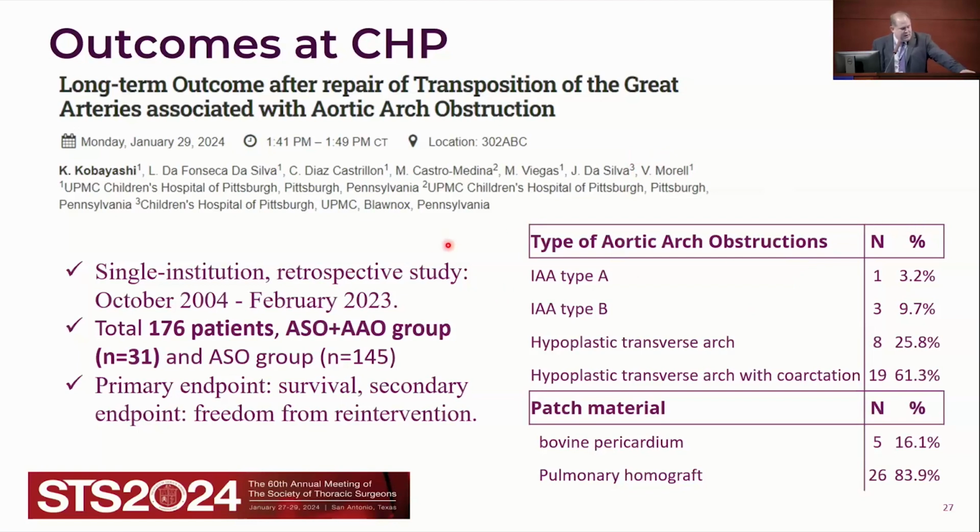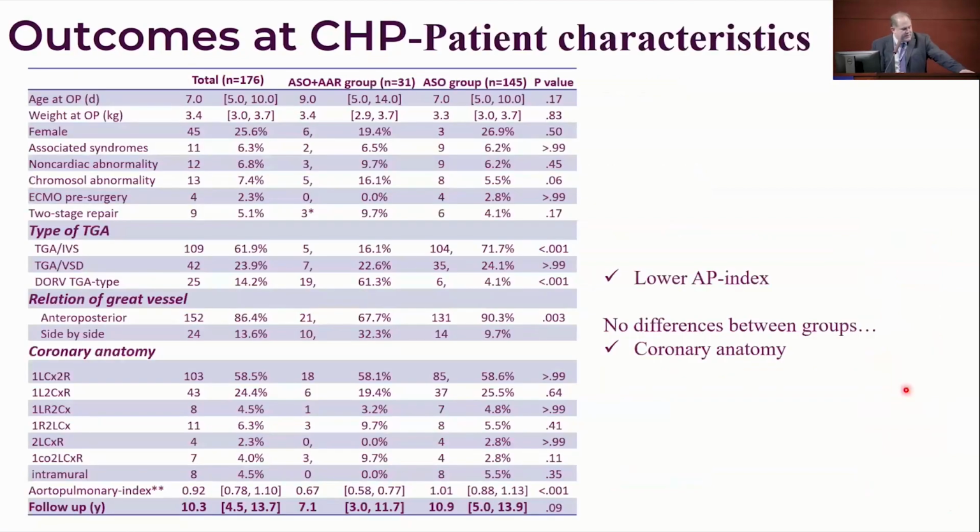We reviewed 176 patients in total, and 31 needed an aortic arch intervention. The most common was hypoplasia of the transverse arch with a coarctation. And you can see that we use a homograft as the main source for reconstruction of the arch.